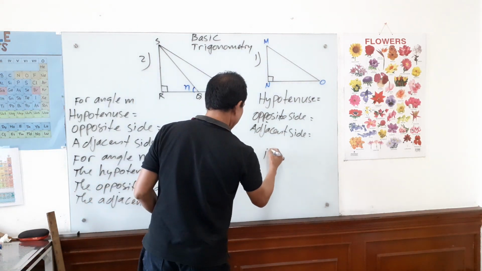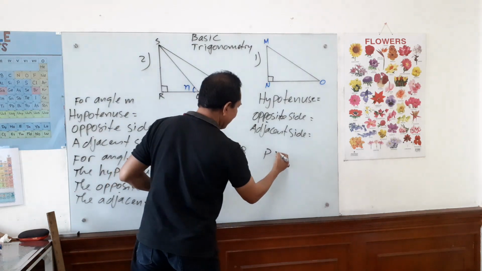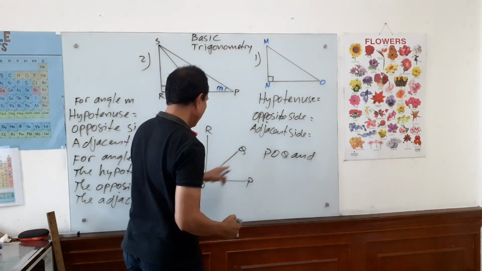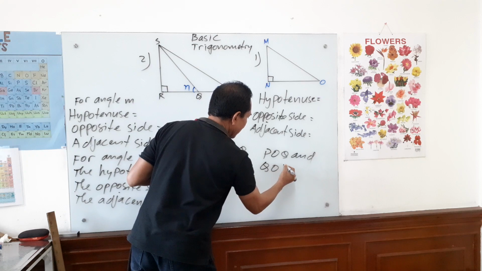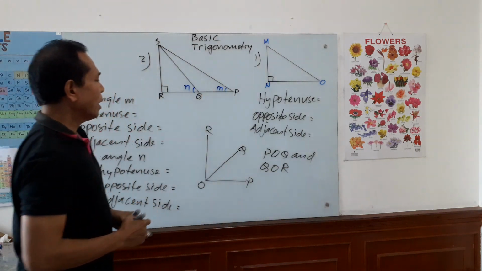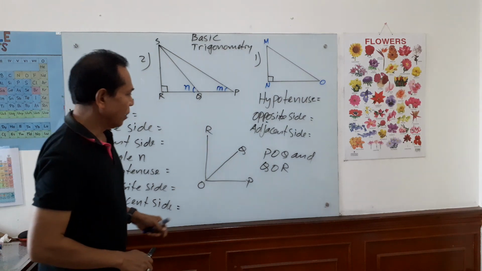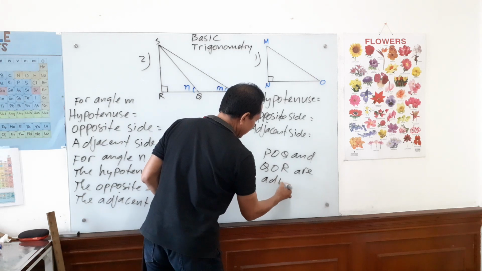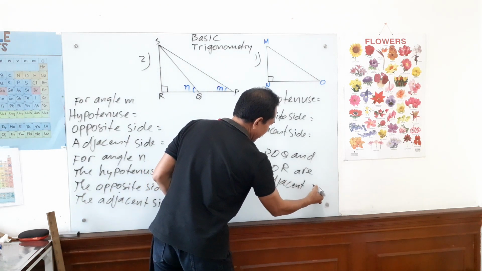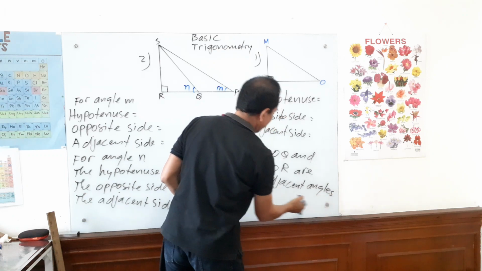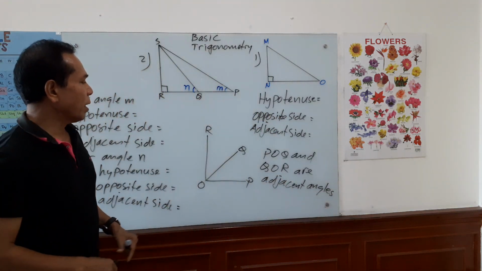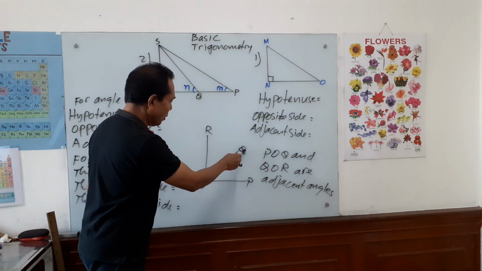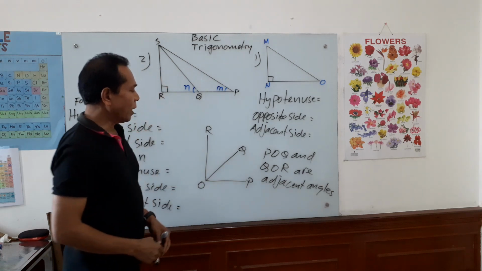We look at P, O, Q, and Q, O, R. POQ and QOR are adjacent angles, okay, are adjacent angles.